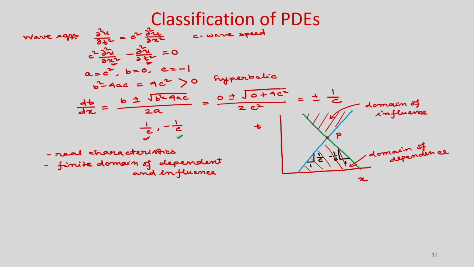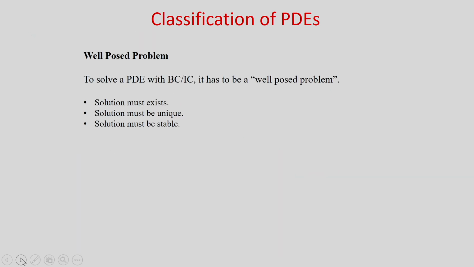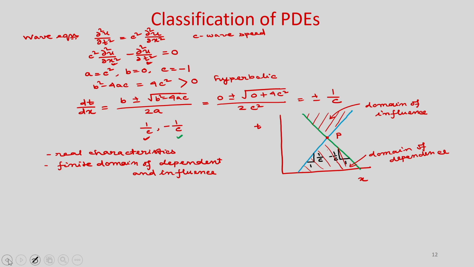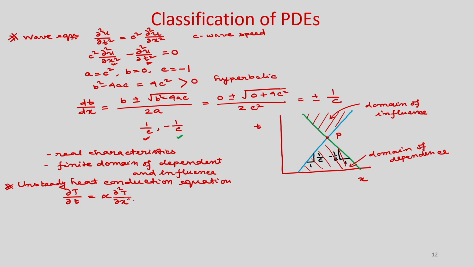Next, let us consider the heat conduction equation. If you consider the unsteady heat conduction equation, we have del T by del t is equal to alpha del 2 T by del x square.